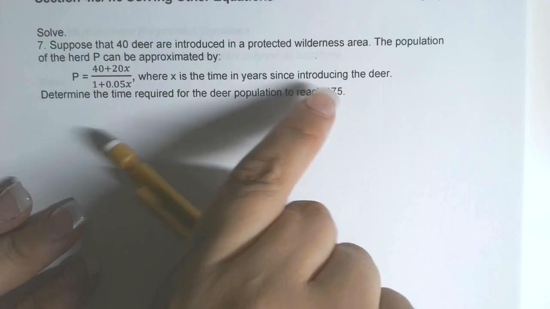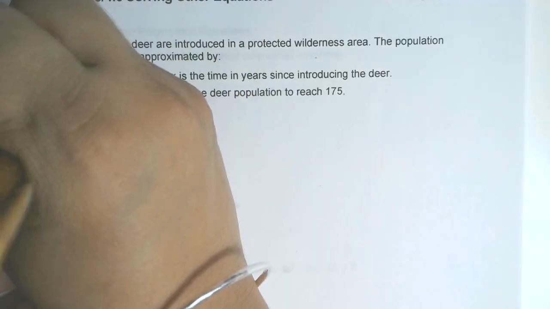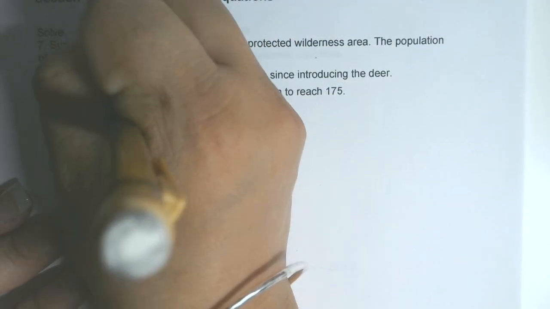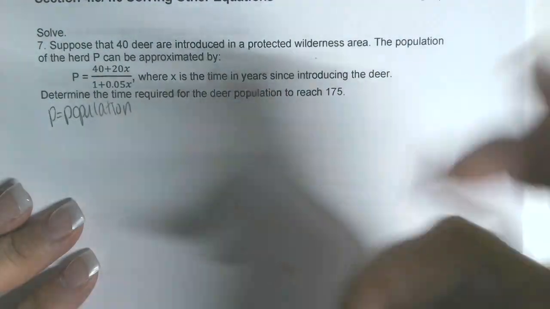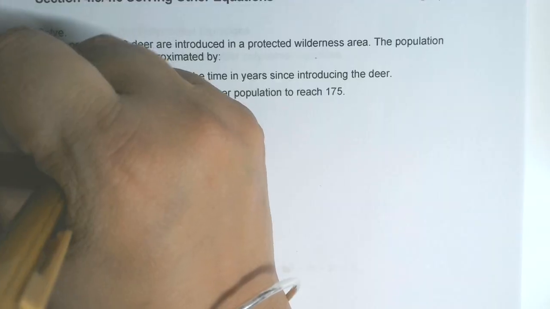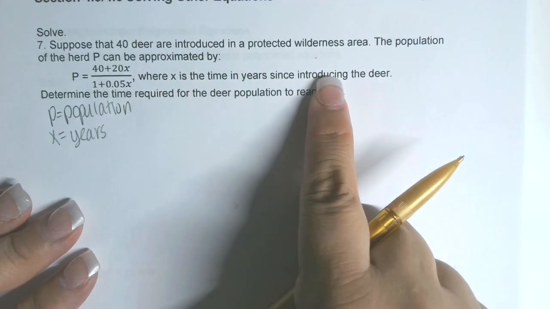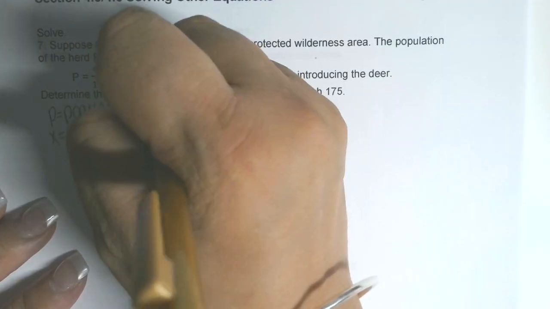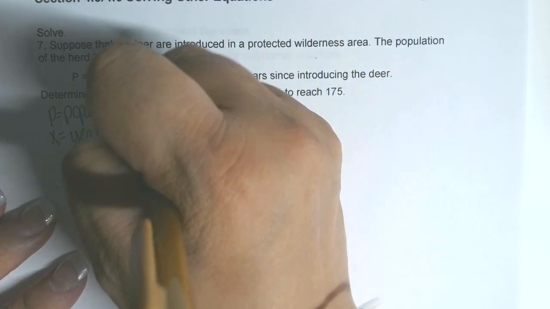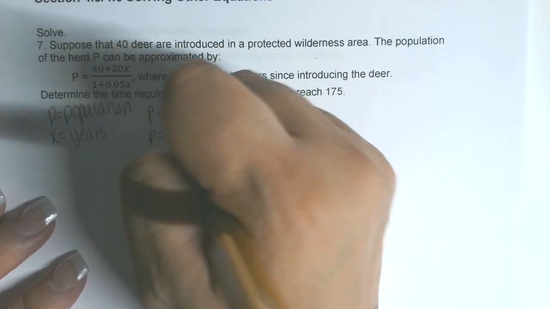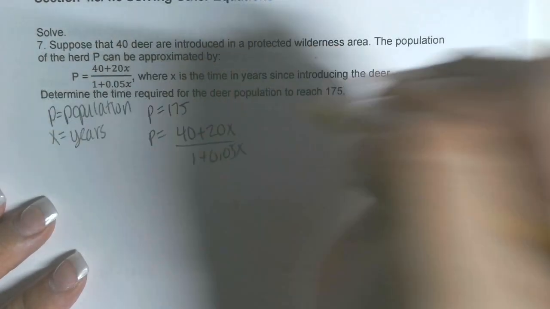So P equals population, x equals the years, because it's time in years. And then P also equals 175. And then P equals 40 plus 20x over 1 plus 0.05x.